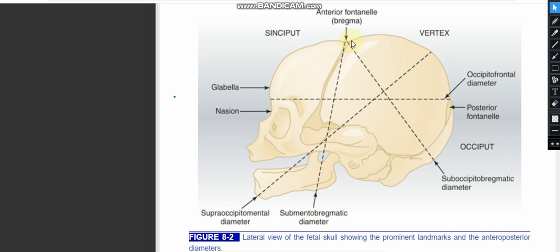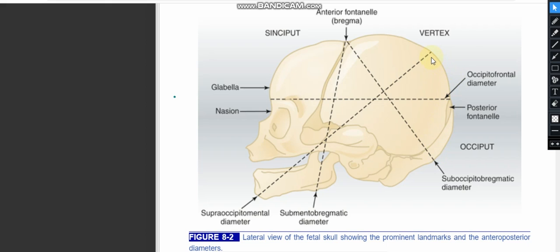Now this is the key. Any line joining the bregma has 9.5 centimeters as the diameter. Anything that is lying behind the bregma, that is joining the vertex or occiput or subocciput, will be more than 9.5. Okay, this is a trick.